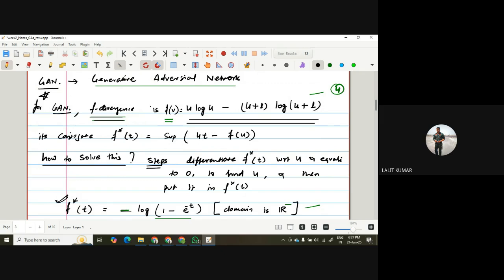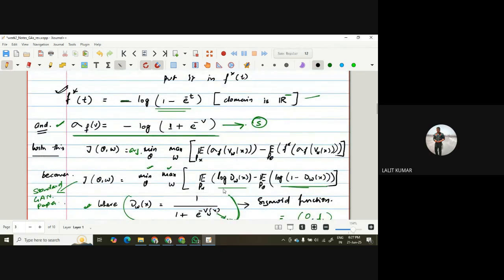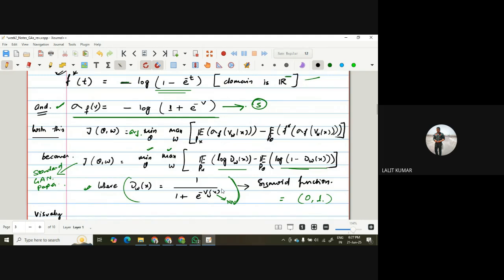So now this was the equation of the VDM which we found earlier. We have to find theta which minimizes this equation, and we have to find w which maximizes it.